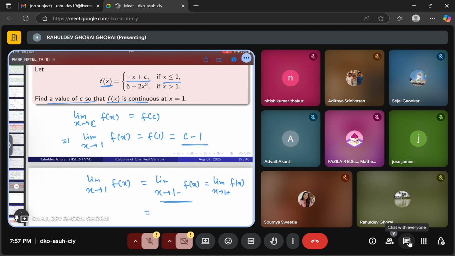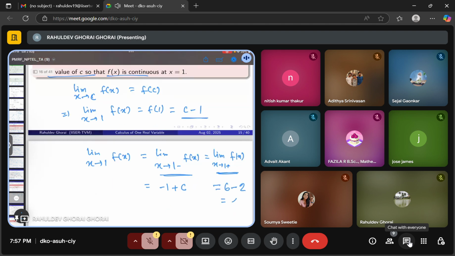It means x is less than 1 and approaching 1. When x is less than or equal to 1, f(x) is minus x plus c, so minus 1 plus c. And what about x tends to 1 plus? It will be 6 minus 2 times 1 squared, which is 4. So whatever we got, c minus 1, has to be equal to 4.